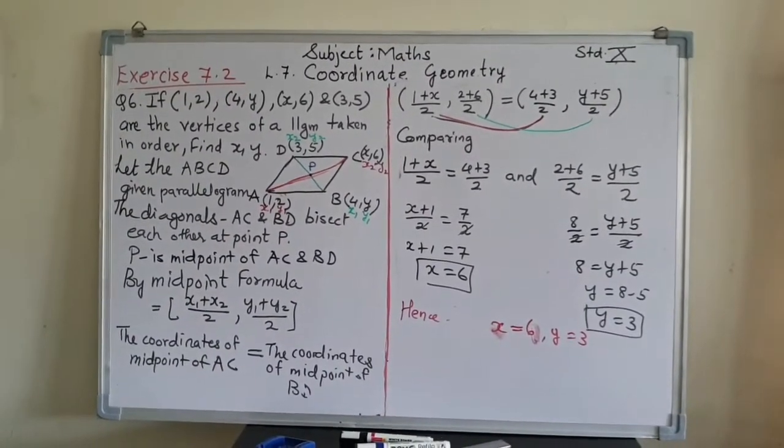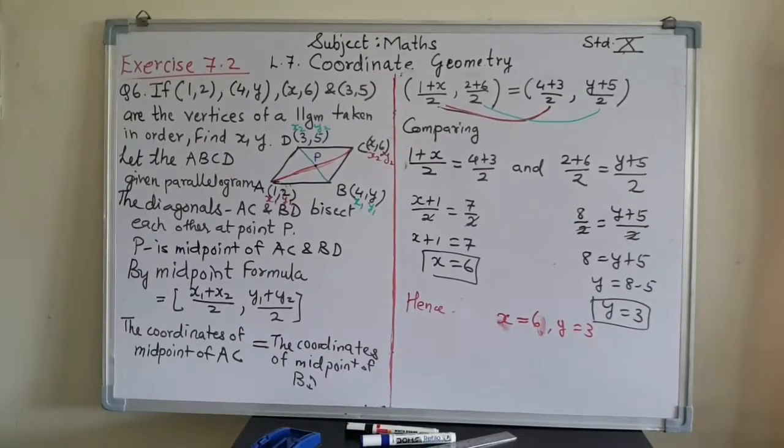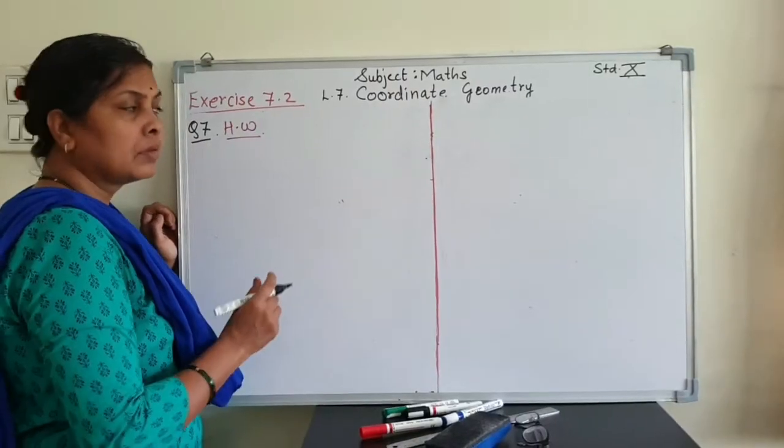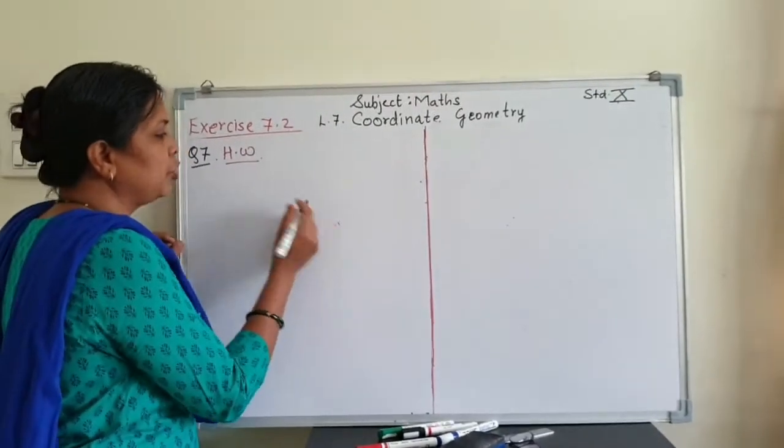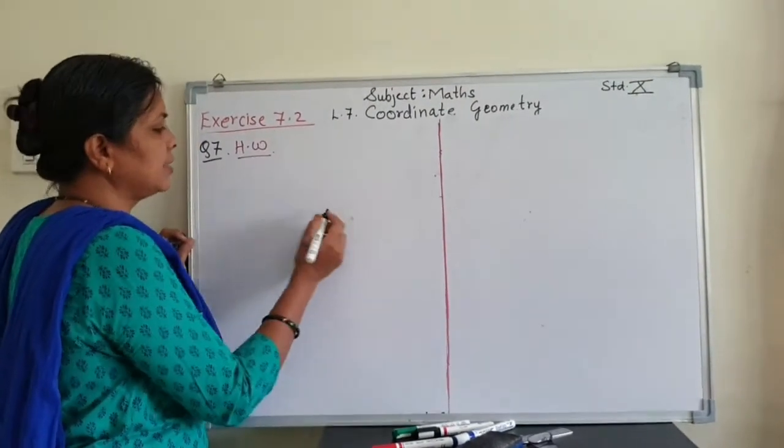Note this down. So we will move to the next question. Question number 7 is homework for you, but let me explain what is given and what is asked in this question.